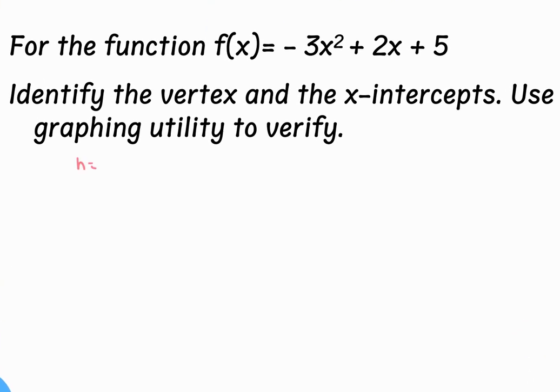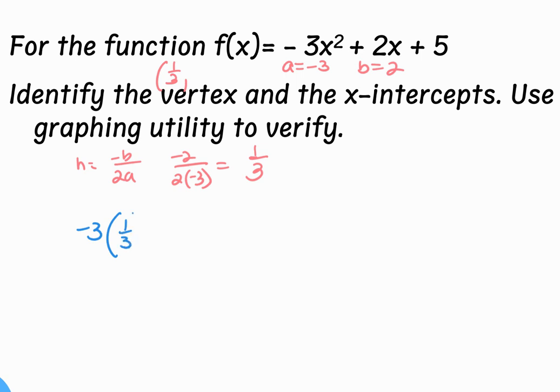So first thing is h equals negative b over 2a. My a is negative 3. My b is 2. I get negative 2 over 2 times negative 3, which is positive 1/3. So that's the x coordinate of your vertex. How do I find the y coordinate? Plug it in. So negative 3 times 1/3 squared plus 2 times 1/3 plus 5.